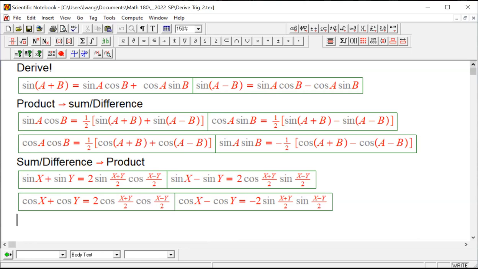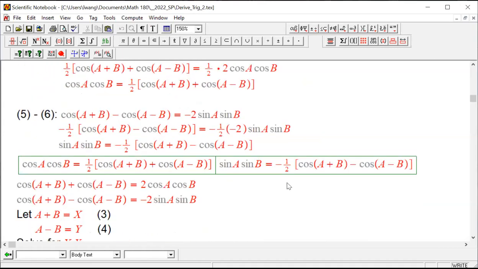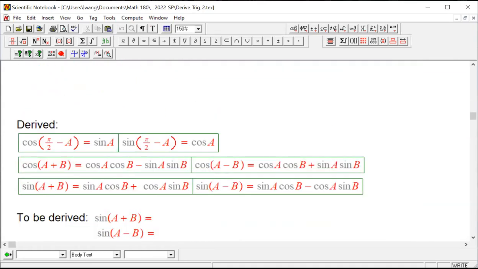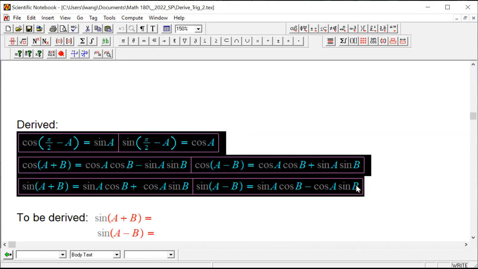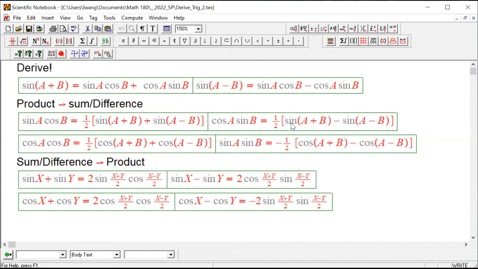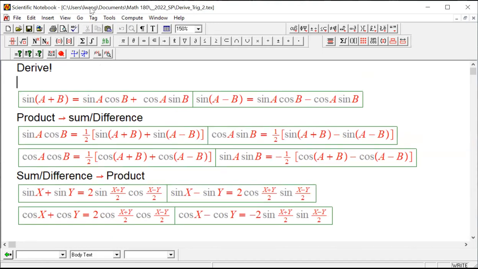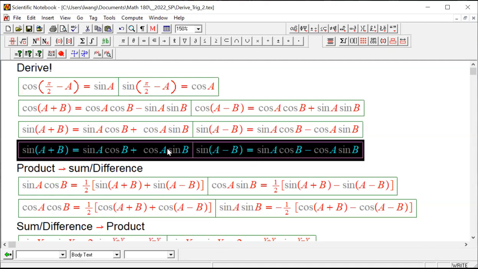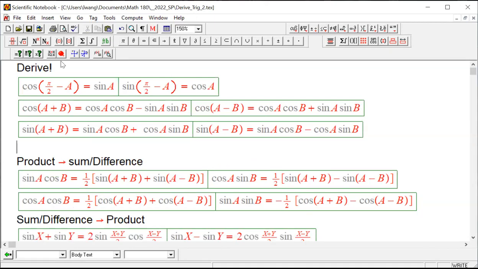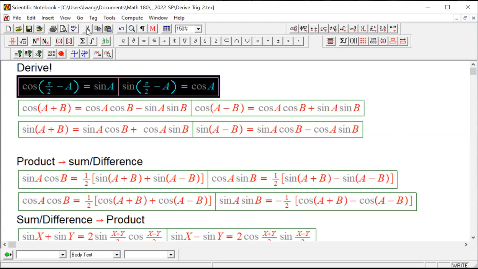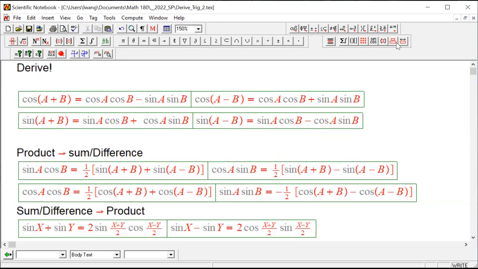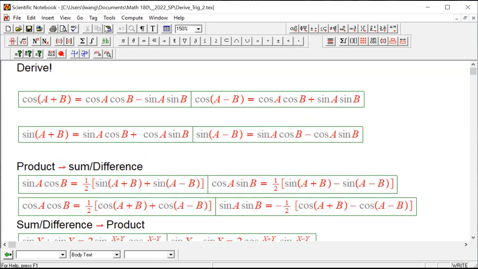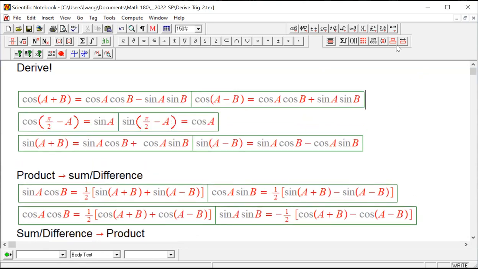Okay, so now let's look back at our journey. Our journey started from here, and this is a repeat. So we first did A plus B, and then we did that, right? So there's an order.